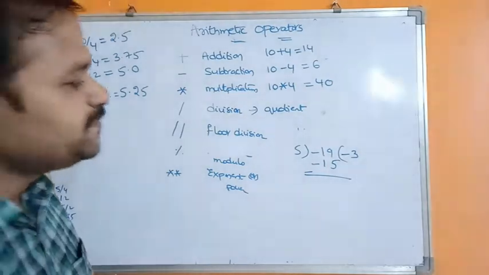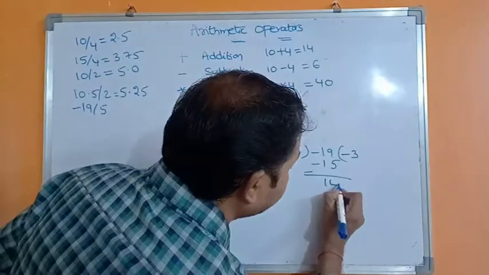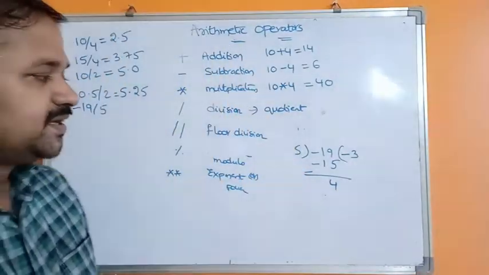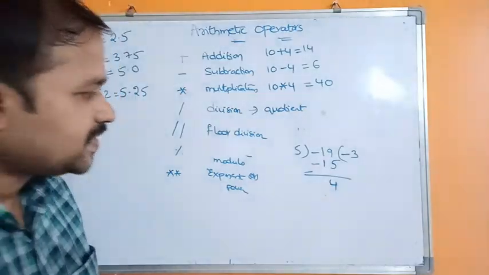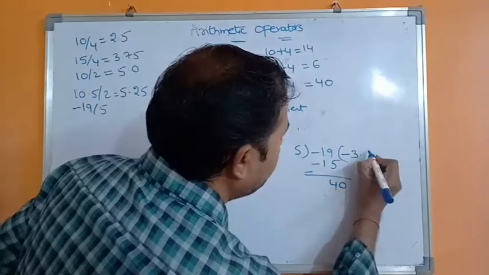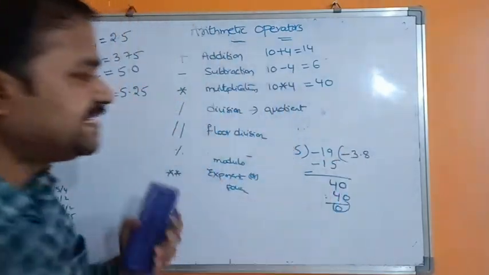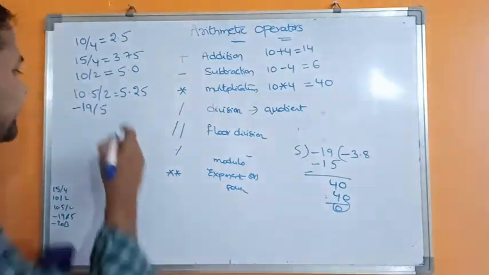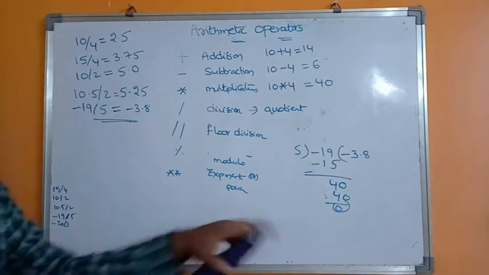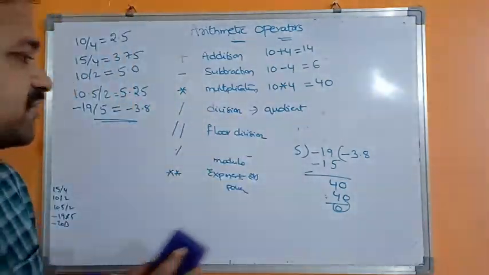So minus 19 plus 15 means minus 4. Sorry, minus 19 plus 15 means minus 4. Next, we have to take 0. Next 8. So 5 eights are nothing but 40. So what is the result here? Minus 3.8 is the result. So this is about division. Now let's see floor division.